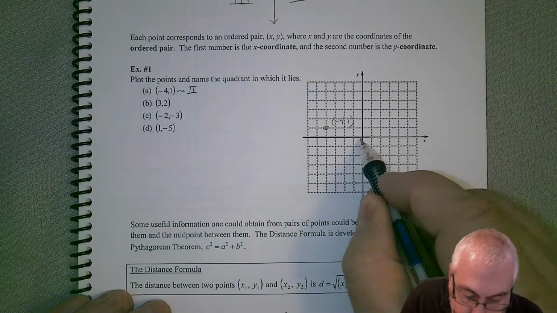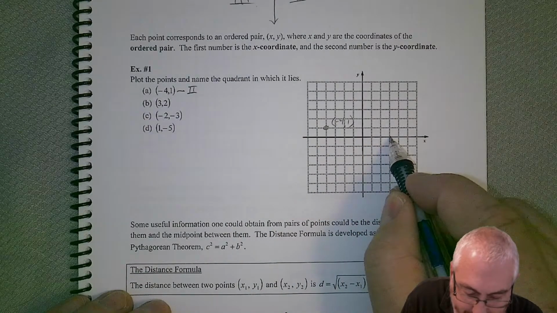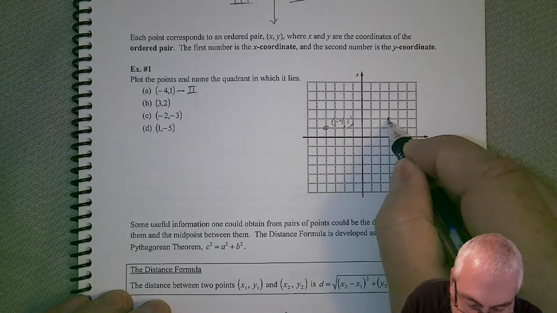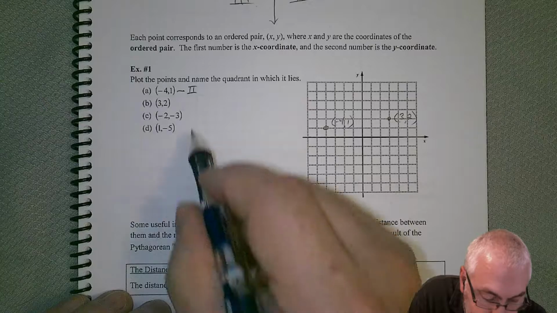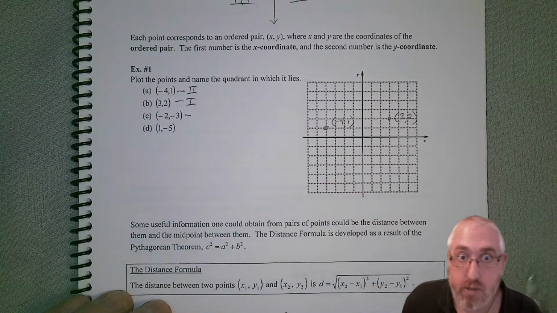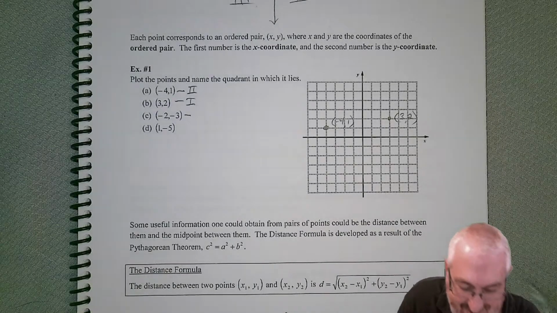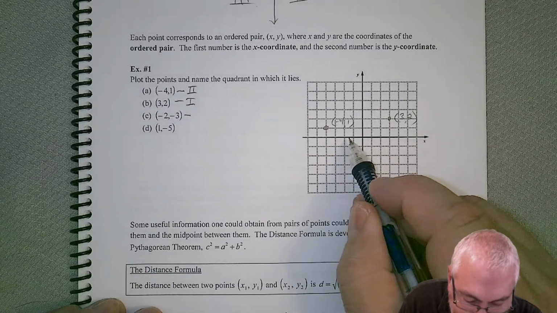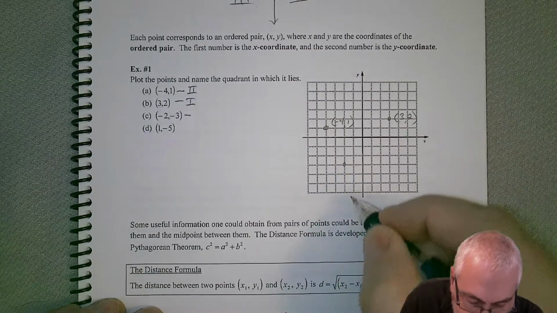3, 2, again, right 3 and up 2 puts us right here. Label, and that would be quadrant 1. The next one, you guessed it, right? Should be in the third, so to the left 2 and down 3 puts us right here.